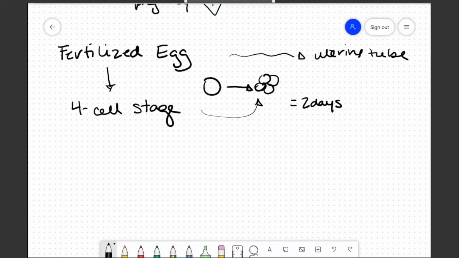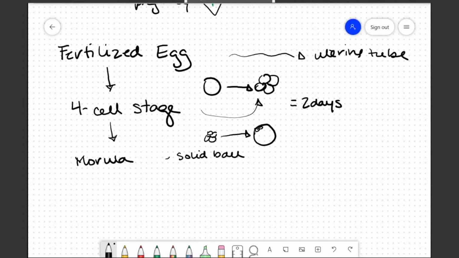The next stage that this will go through is called the morula stage. Essentially what this is becoming is a solid ball. You will have your 4, which is one big blob, and it will essentially become a solid ball of a bunch of division of cells.